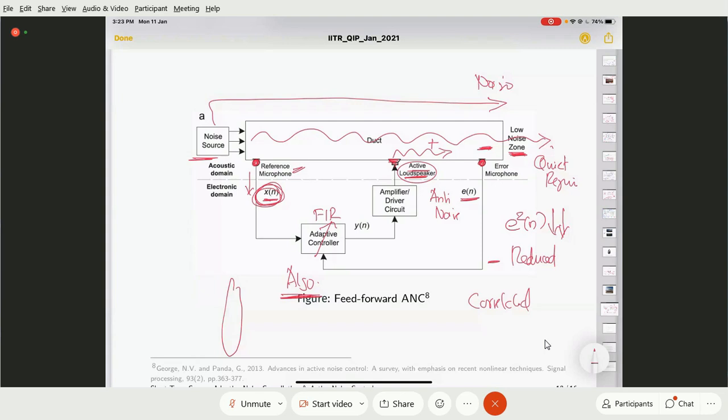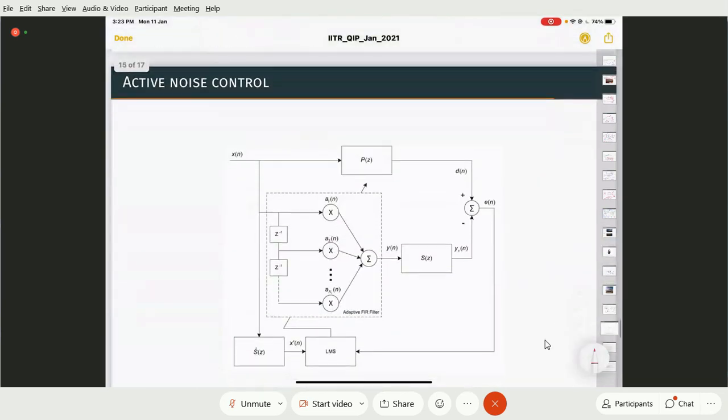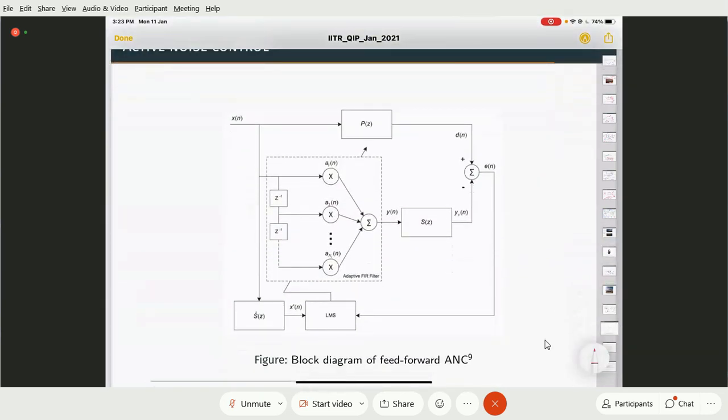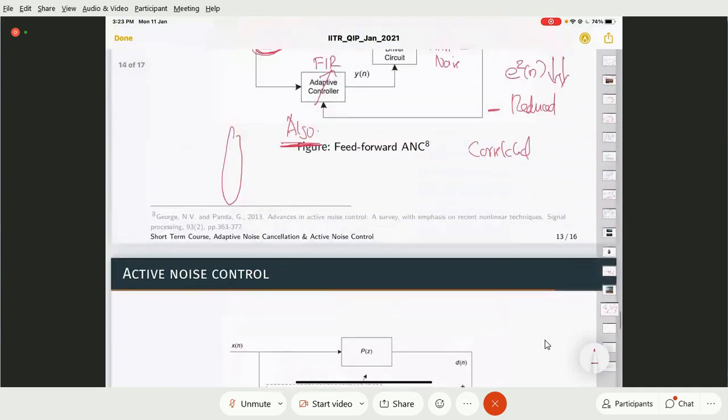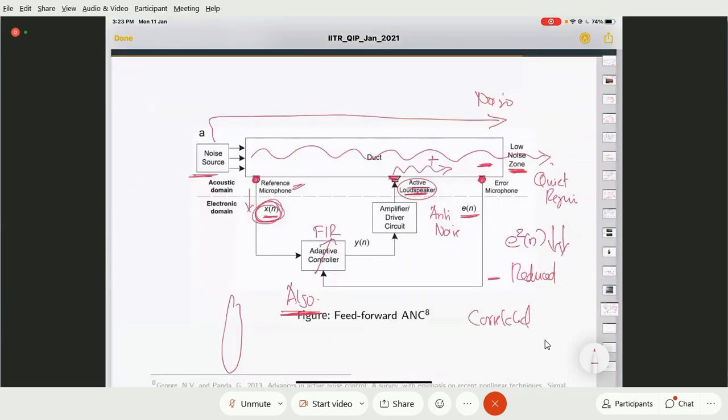Because I have physical systems involved in my implementation, I have an electronic signal coming from here. The electronic signal will go up to here, but after that it is no more an electronic signal. This is a physical signal which is a sound, and then you have again an electronic signal.